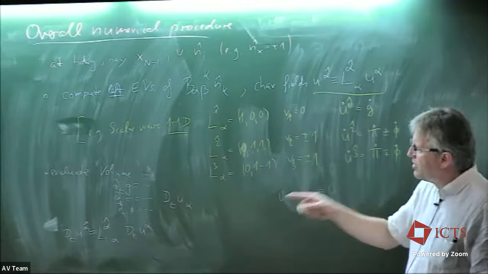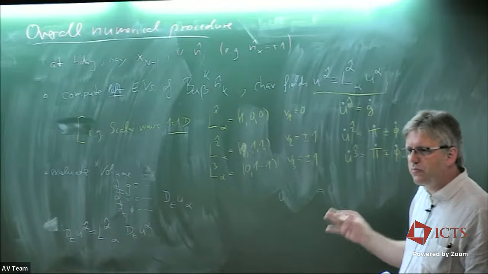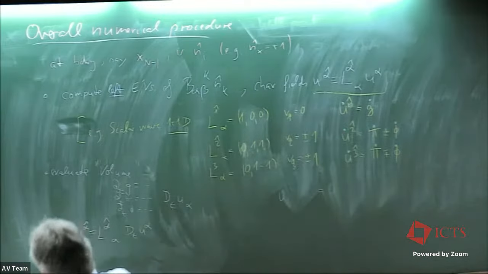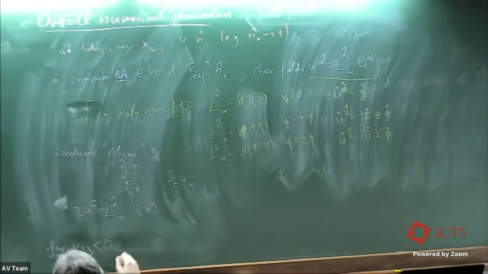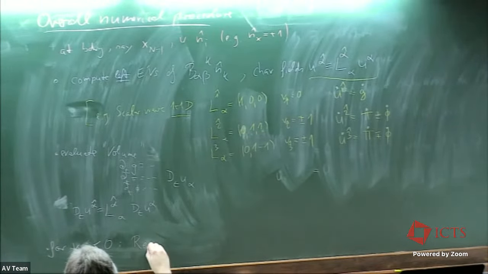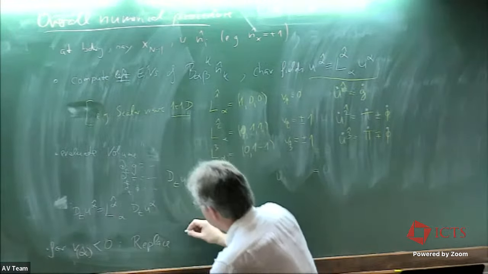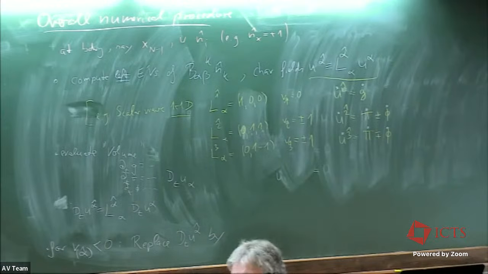And now comes the stage where we actually evaluate and impose the boundary conditions. Namely, for those fields where V alpha is negative, we replace the volume time derivative by whatever boundary condition we want to impose.